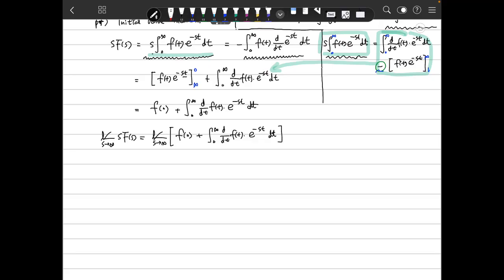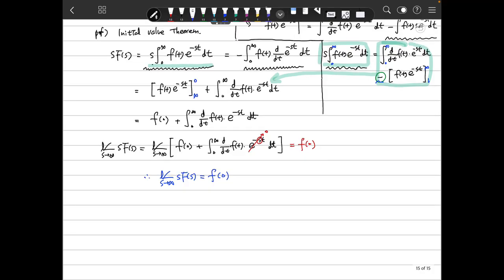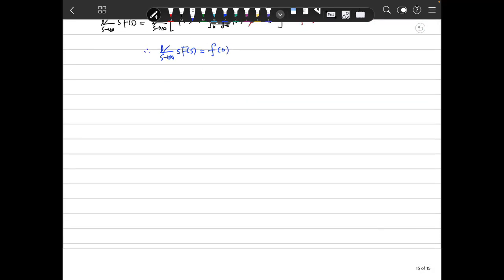Because s is infinity, the integral goes to 0, so the remaining thing is f(0). Therefore, as s goes to infinity, sF(s) is f(0). This is the initial value theorem. Next, we'll do the final value theorem.